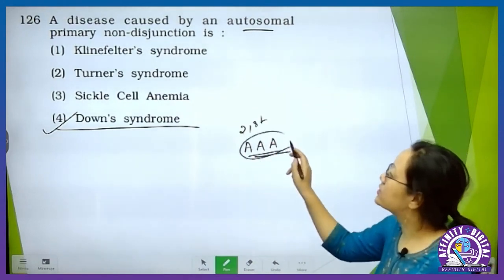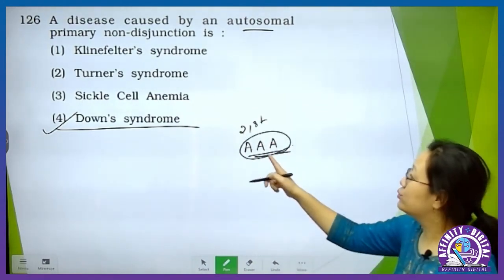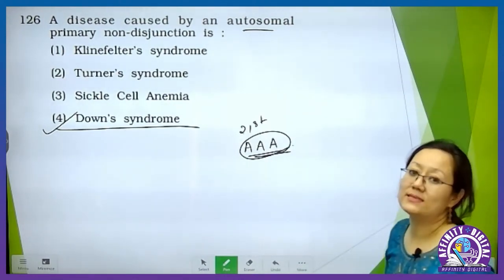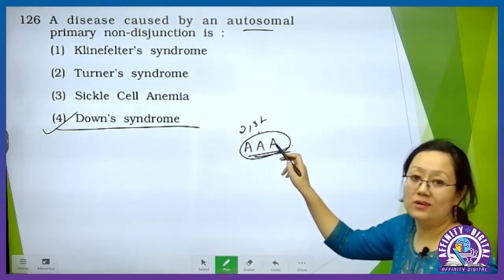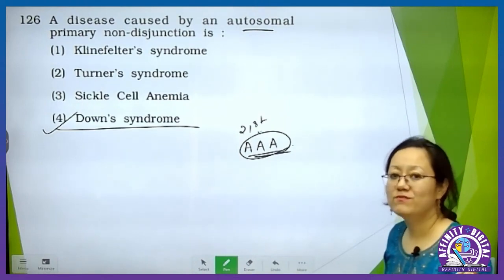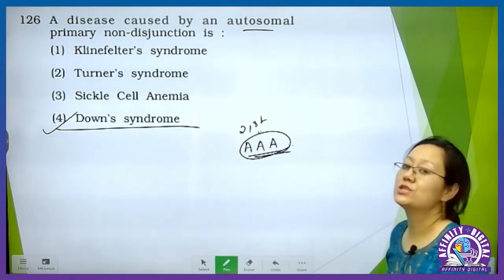And how does this occur? This is due to non-disjunction in the gametes of the parents. How does a particular person have 3 copies of the 21st chromosome? It must be either due to the father's spermatogenesis or the mother's oogenesis.